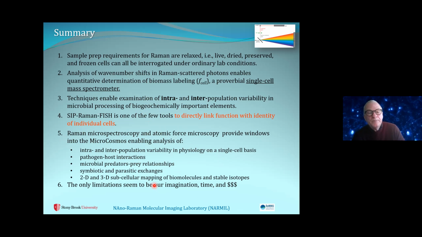And we can do 2-dimensional and 3-dimensional mapping of individual cells, looking at target biomolecules as well as stable isotopes. And lastly, the only limitation seems to be our imagination, time, and money.